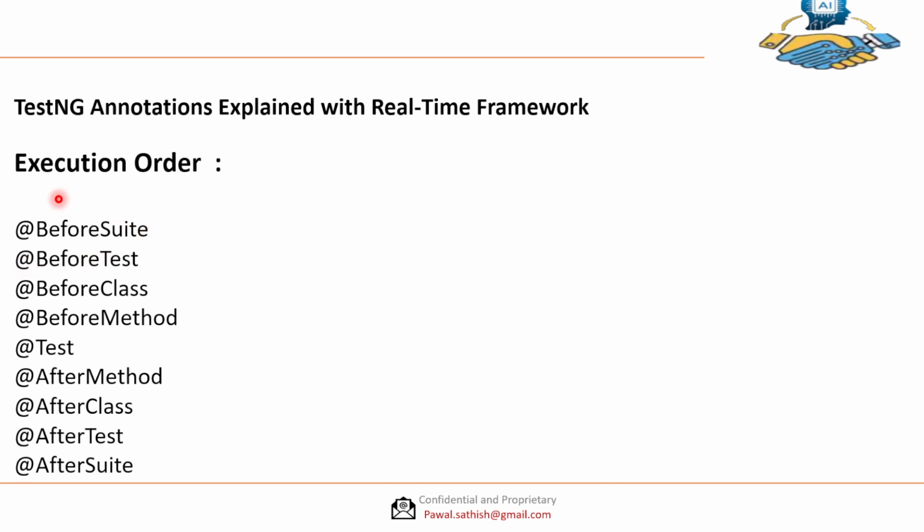And here you can see the execution order is very important. We need to understand the execution order, and then we'll define our logic with respect to the annotations. Otherwise we'll get a different result. The execution order is: first BeforeSuite, then BeforeTest, then BeforeClass, after that BeforeMethod, Test, AfterMethod. Once AfterMethod is done, then AfterClass, AfterTest, AfterSuite, and then we get the result.